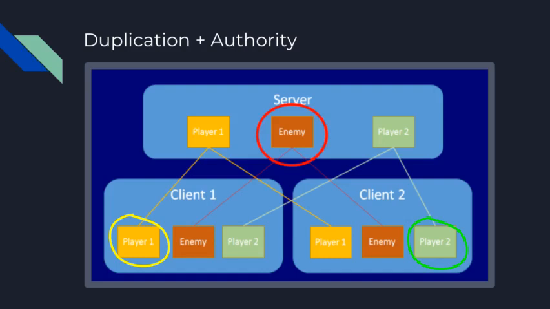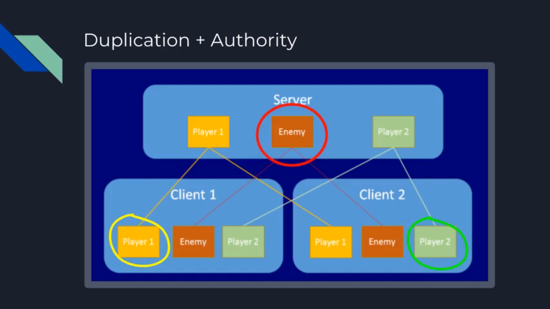The server also handles objects you don't want players interacting with, so you can push that off onto the server. And then duplication. You'll see that player 1, player 2, and the enemy each have separate game objects that are duplicated over.